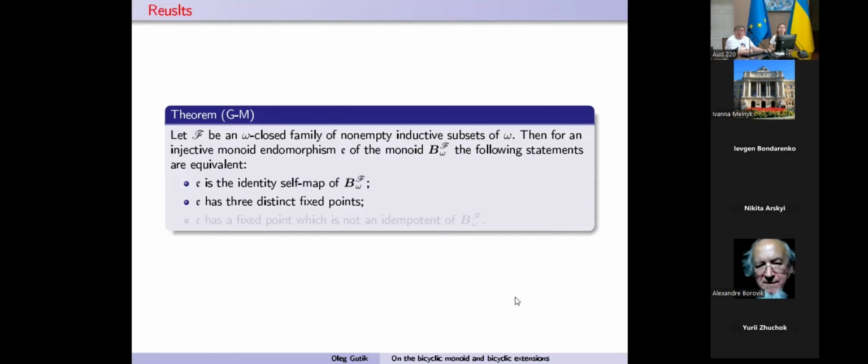So in our case, when we have a family of non-empty inductive subsets of omega, the following three conditions are equivalent: the endomorphism e is the identity self-map of B omega F; the endomorphism e has three distinct fixed points; and the endomorphism e has a fixed point which is not an idempotent of B omega F.